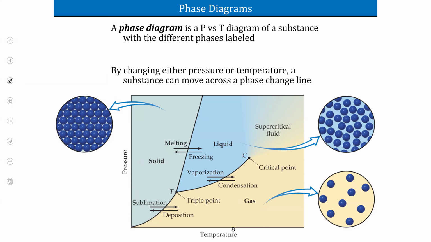If we started at the triple point and we decreased the temperature, what phase are we going to form? It's going to be a solid. If we started at the critical point and we decreased the pressure, so there's the critical point. We started at the critical point and we decreased the pressure.